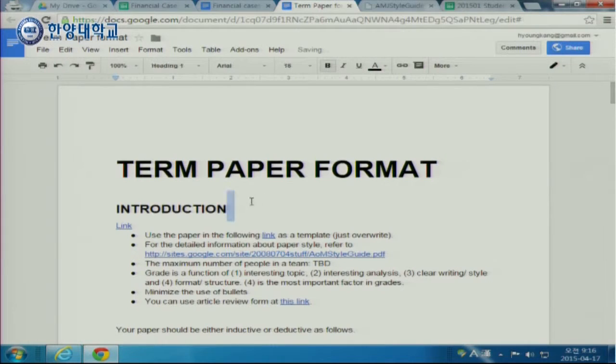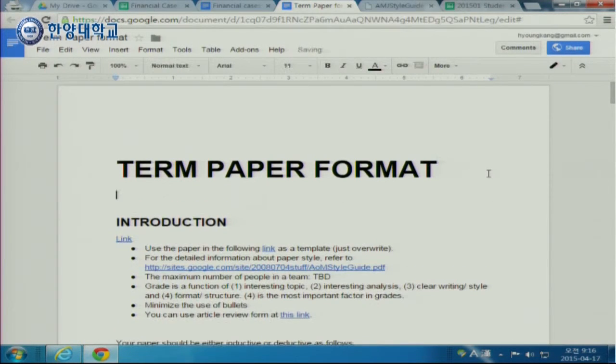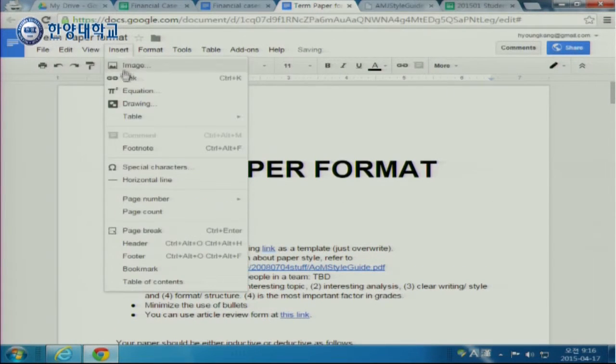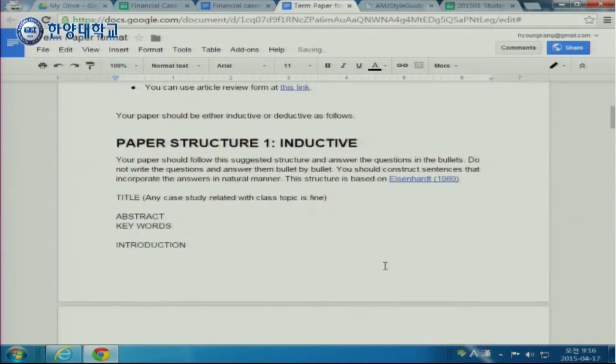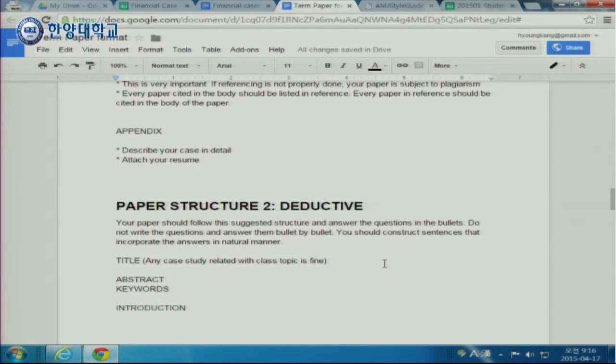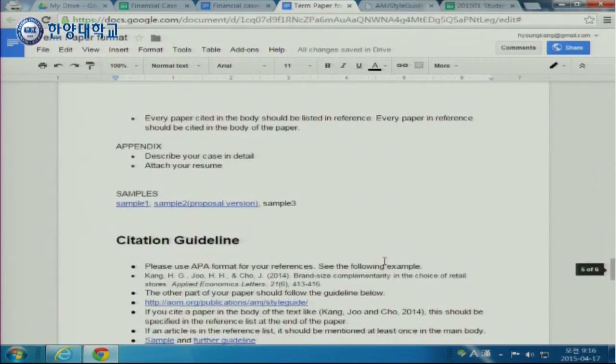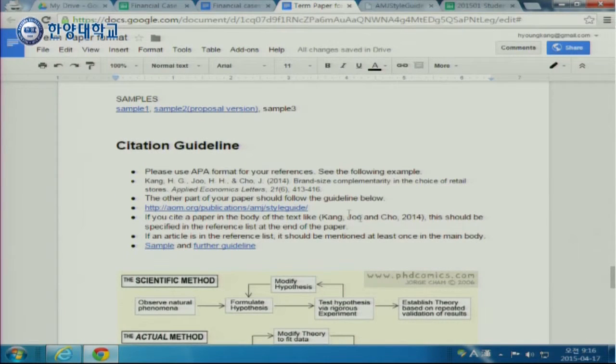Term paper format. And then add, insert, table of contents, good, citation guideline.